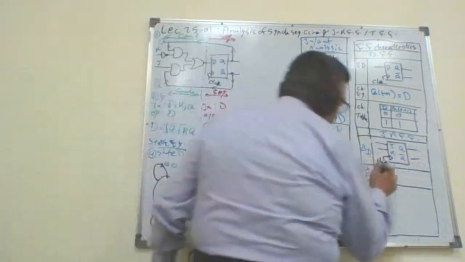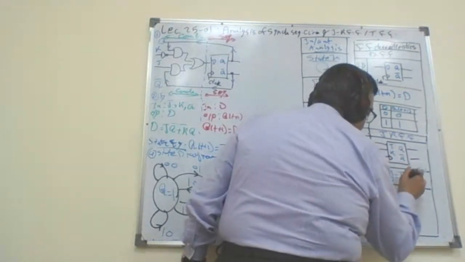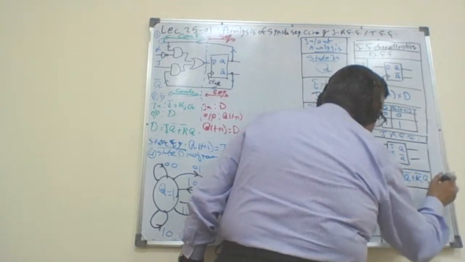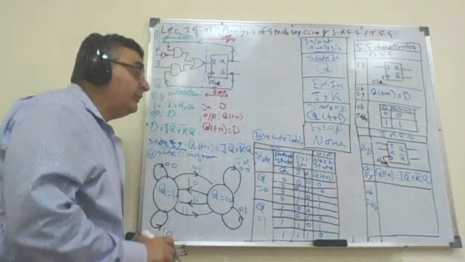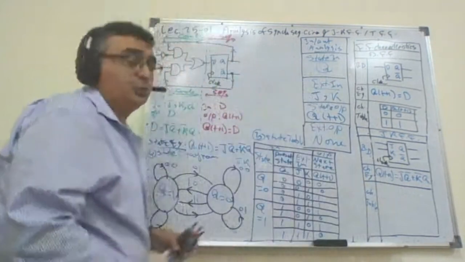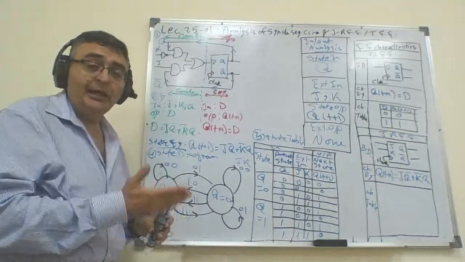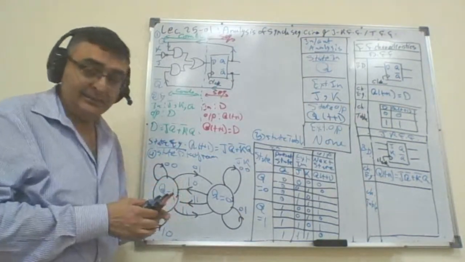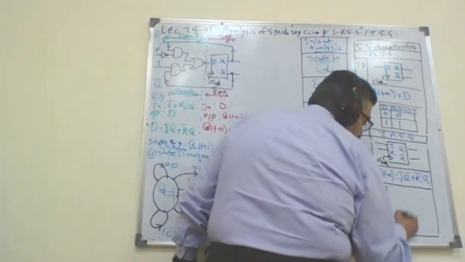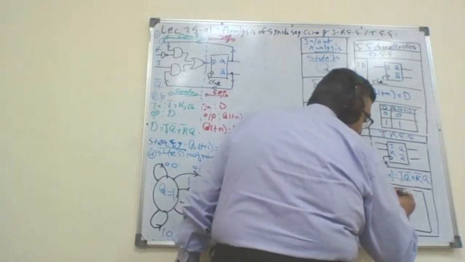Characteristic equation of the JK flip-flop: Q plus 1 equals J Q bar or K bar Q. The characteristic table is usually drawn between the external inputs and the next state only. It should not show the internal input. So that's why we will draw it right here.